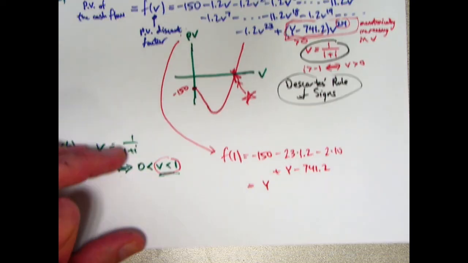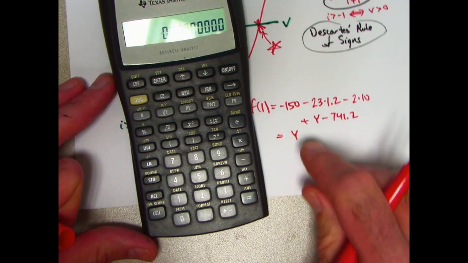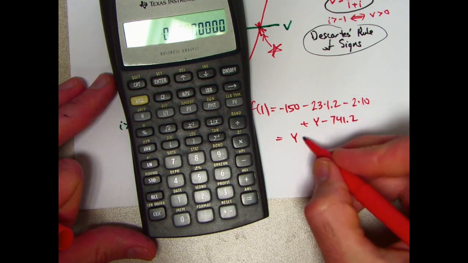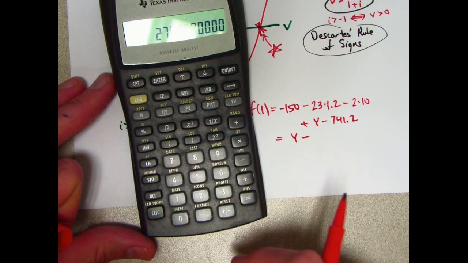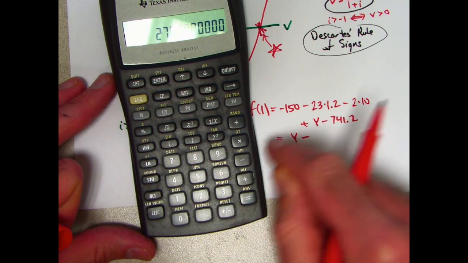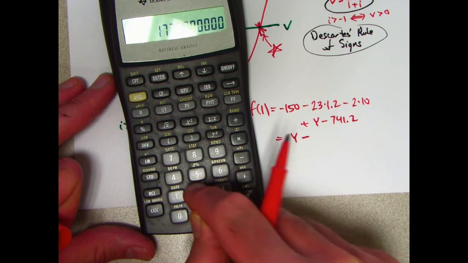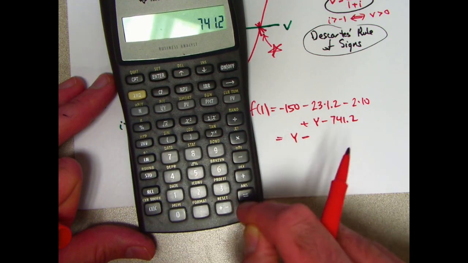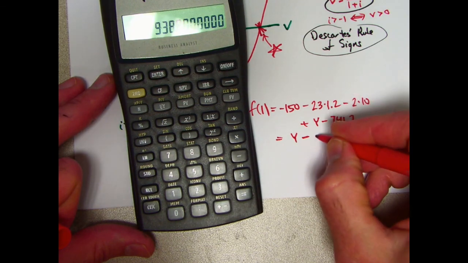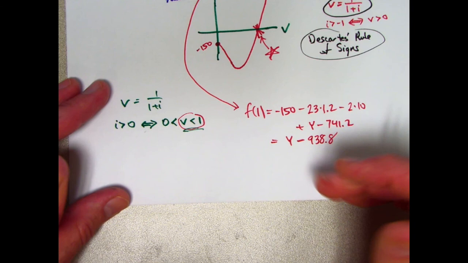Let me just go ahead and add these numbers, and I'll put a negative sign in there after adding them. 23 times 1.2 is 27.6, plus 150, plus 20, plus 741.2 is 938.8.